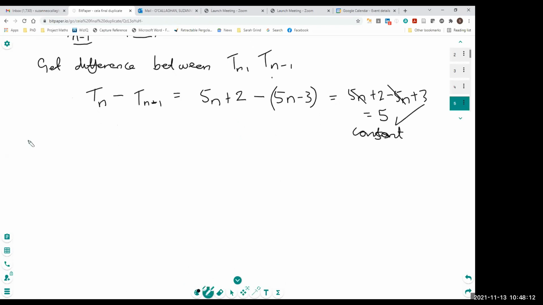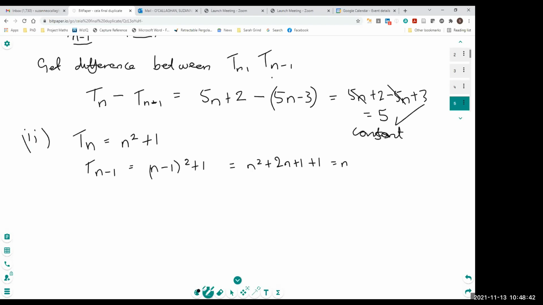So we have in 2, u of n is equal to n squared plus 1. The u of n minus 1 is equal to n minus 1 squared plus 1. That's equal to n squared minus 2n plus 1 plus 1.